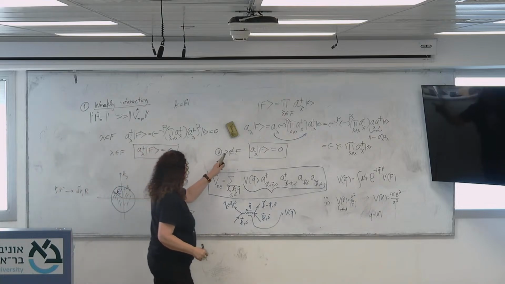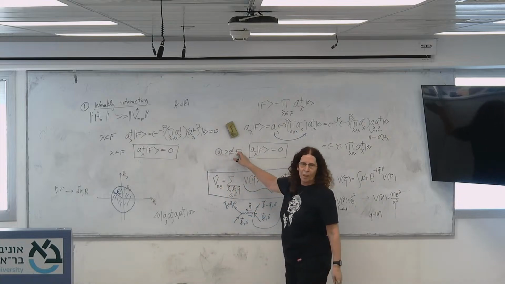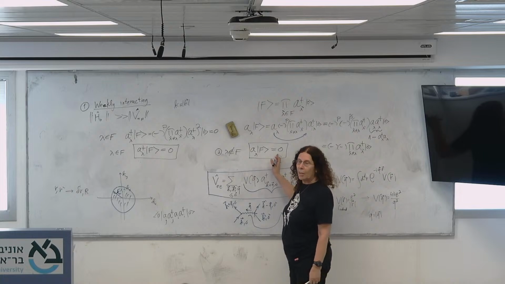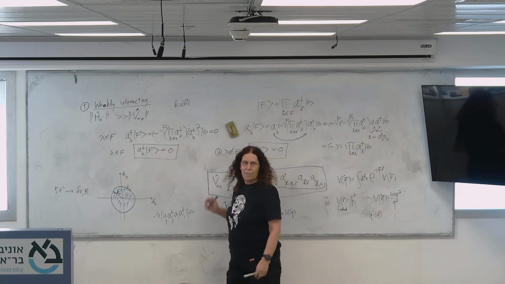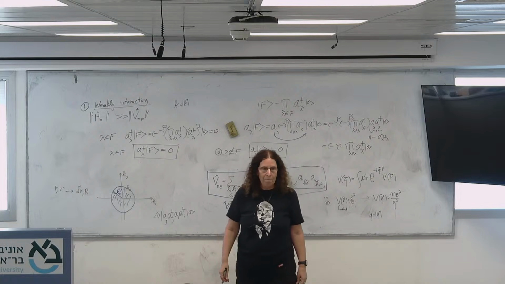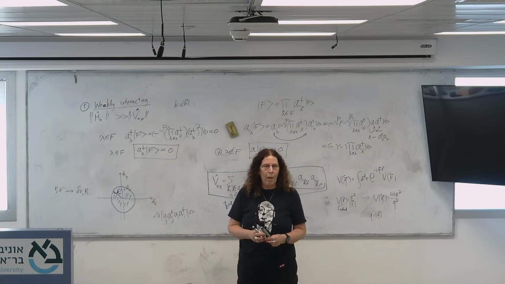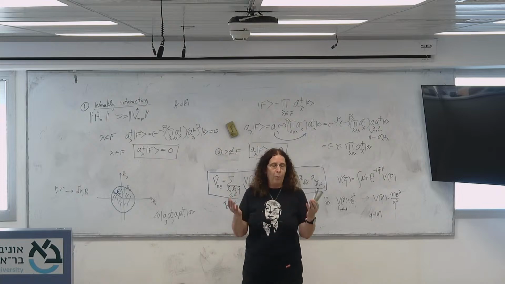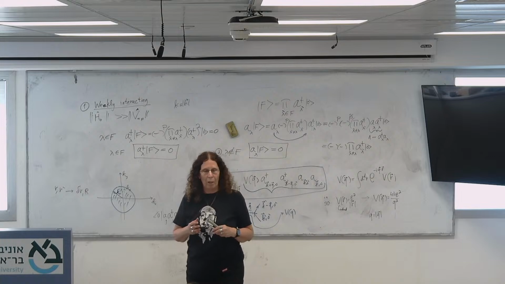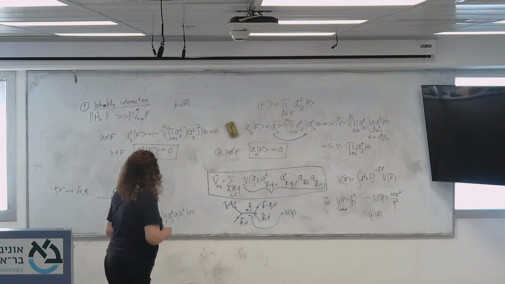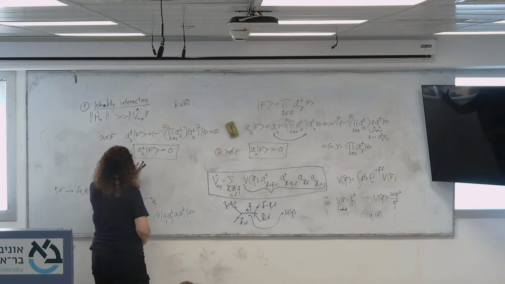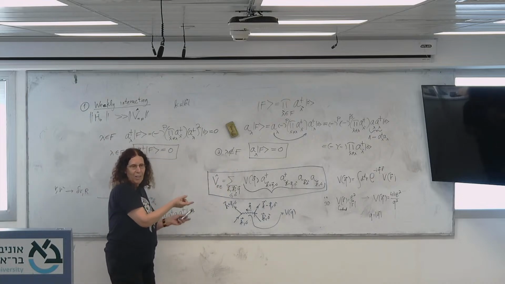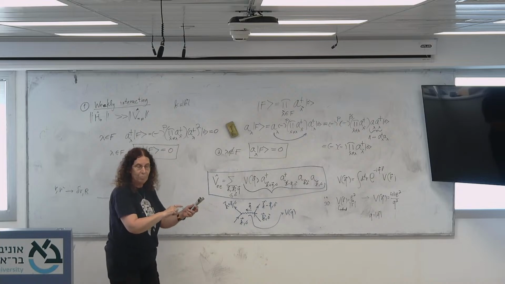On the other hand, if lambda is not in the Fermi sea, the annihilation operator gives zero. But in both cases, I get zero. So I now have a way to define a new annihilation operator in such a way that it's either A or A dagger, depending on whether lambda is inside or outside.